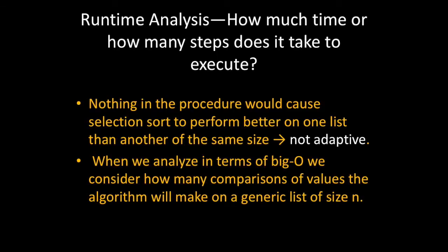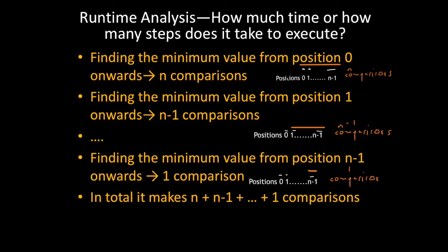So when we analyze in terms of big O, our unit of time here is going to be comparisons of values. That will be our y-axis, the number of comparisons selection sort makes on a generic list of size n. So how many steps does selection sort take to execute?